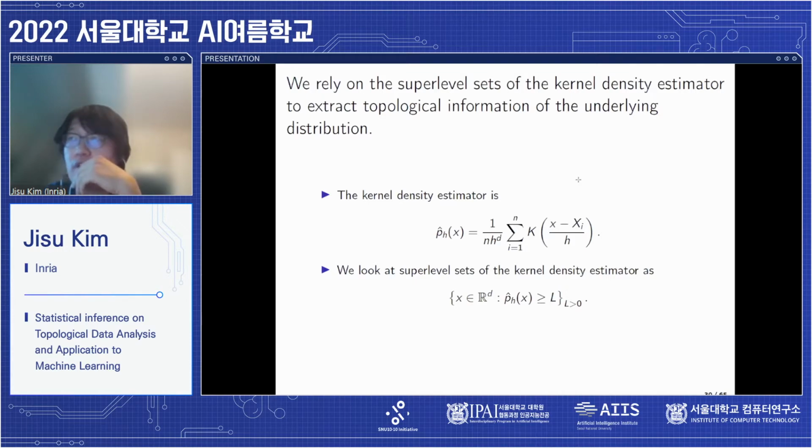And then for ease of statistical analysis, we do a little bit of a tweak here. Before, we considered a collection of disks with radius increasing from 0 to infinity.